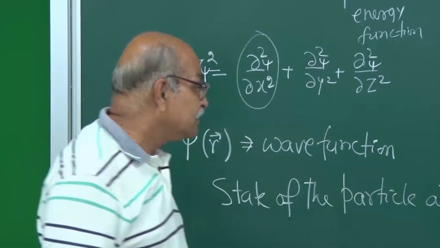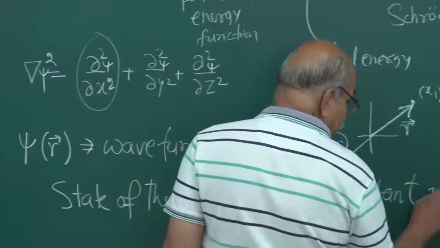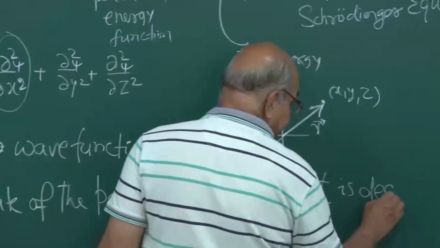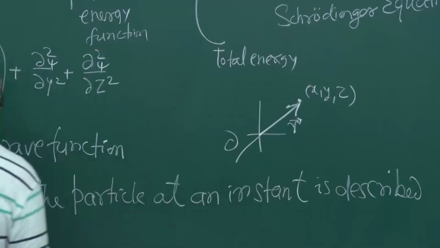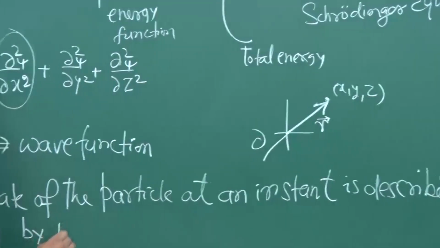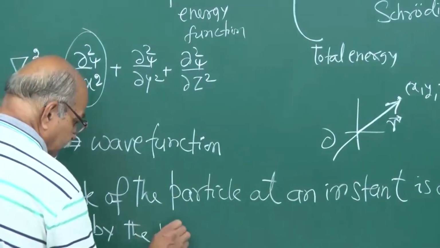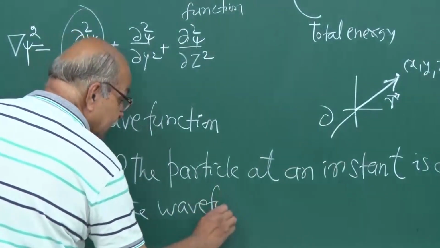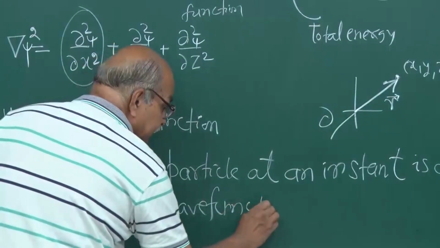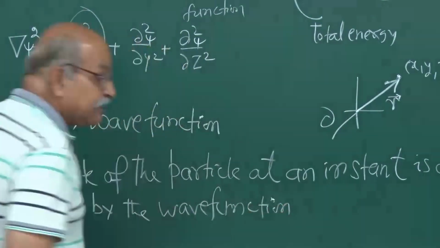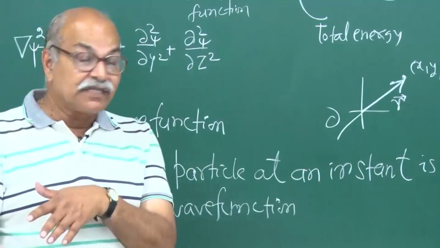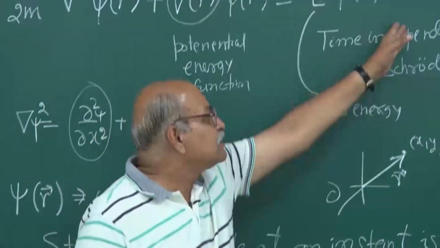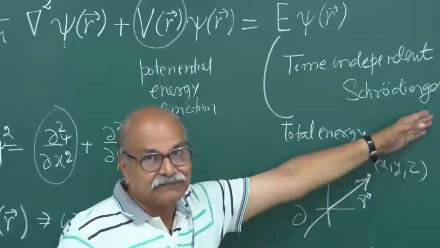The state of the particle at an instant is described by its wave function at that instant. The wave function can change as time passes, and how it will change is given by another equation, known as the time dependent Schrodinger equation.